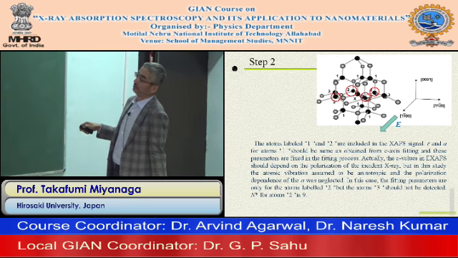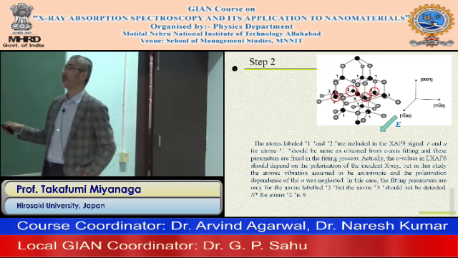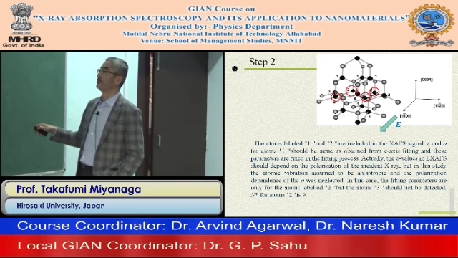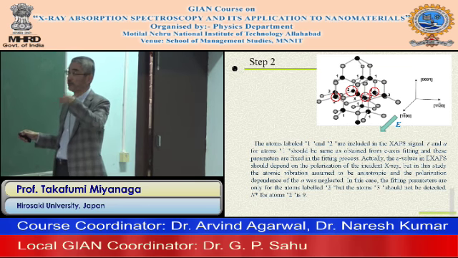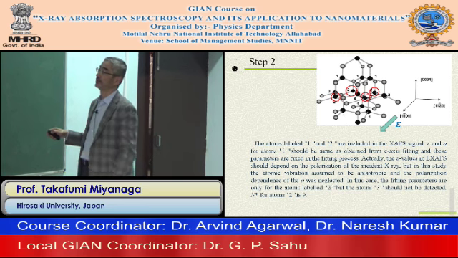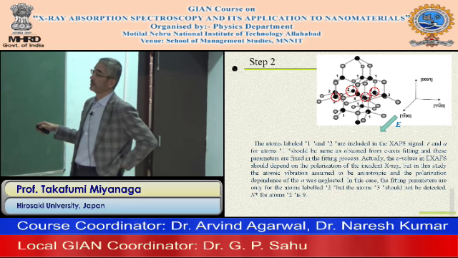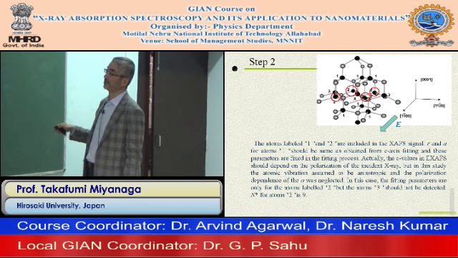The structure of the first labeled atoms is already determined in the previous step. We use these parameters, so in this step we can determine the structure parameters of these second labeled atoms.